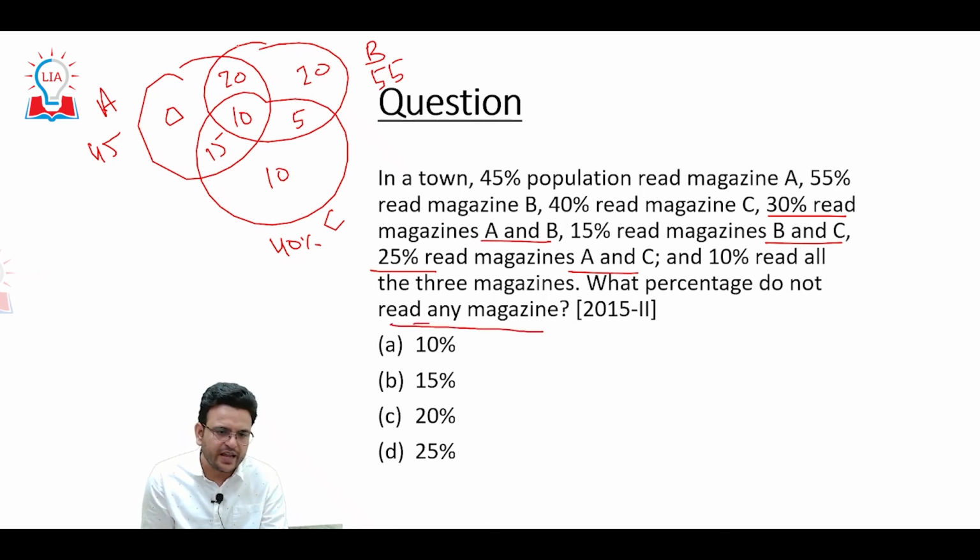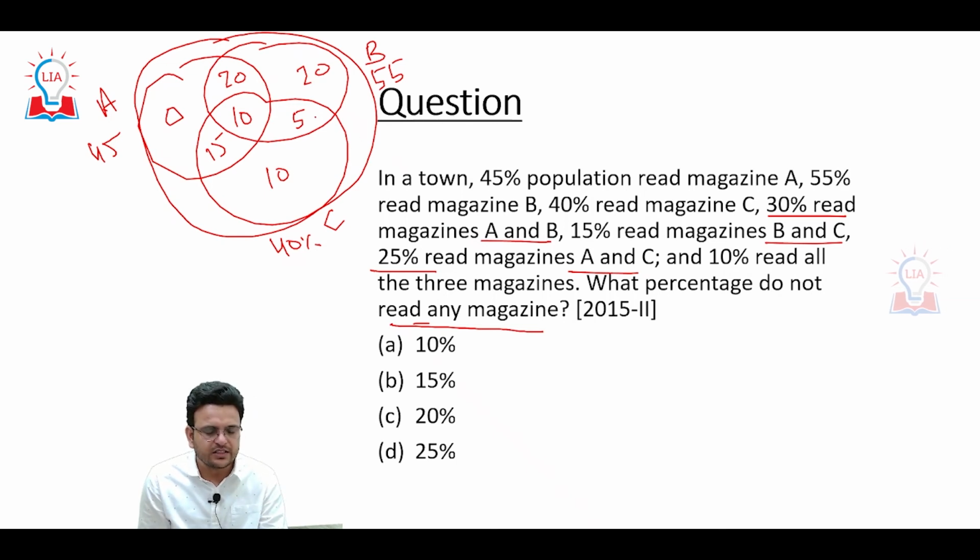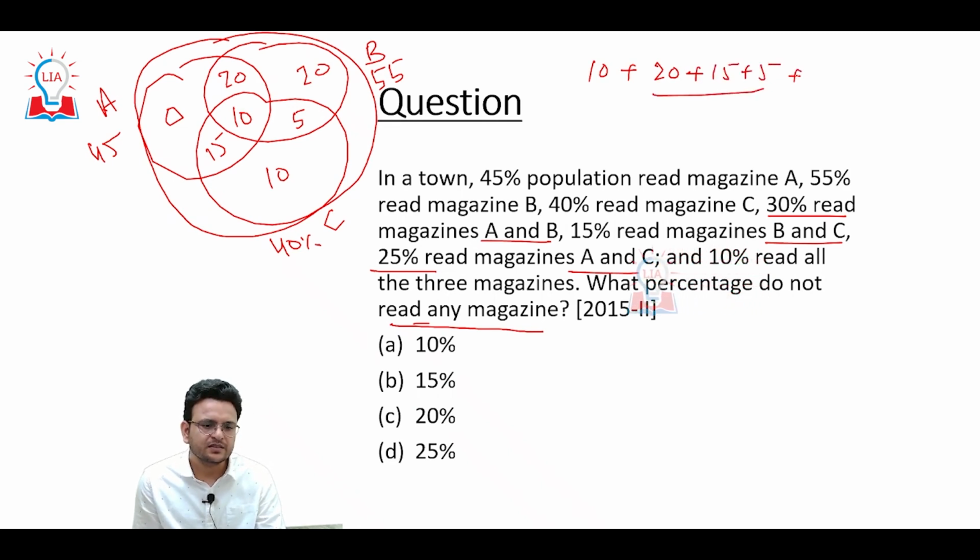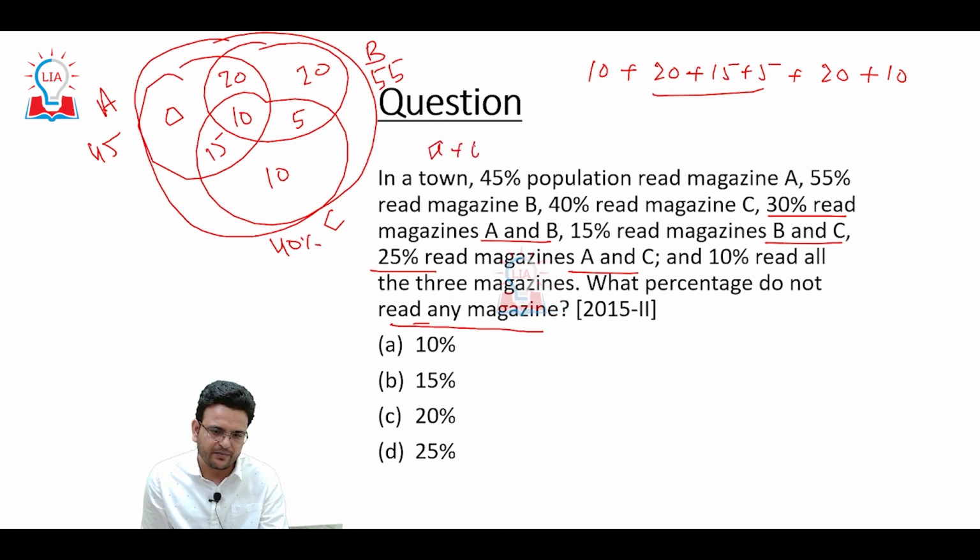So first of all, we have to add all these values. After adding all these values, we will get the number of people who are reading a magazine. It becomes 10 plus 20, 15, 5 plus 20 and 10. In the last video, I gave one formula: A plus B plus C plus D plus E plus F plus G. All these values we have to add.